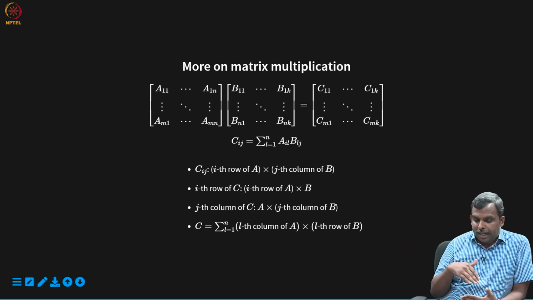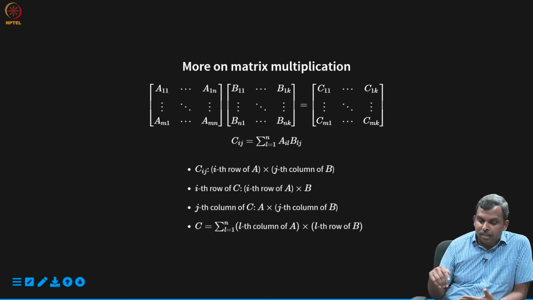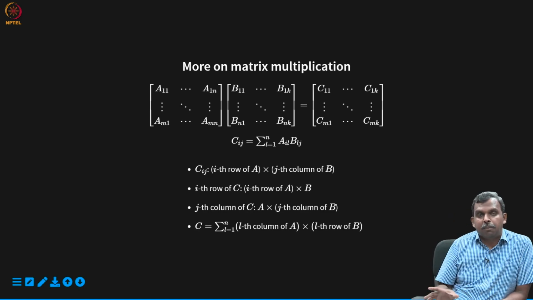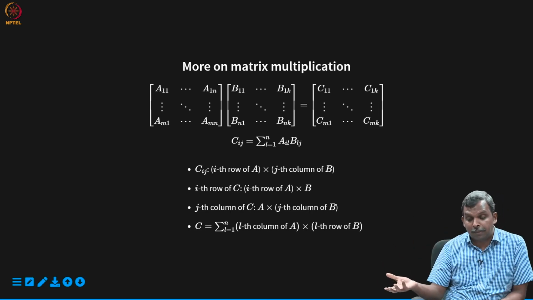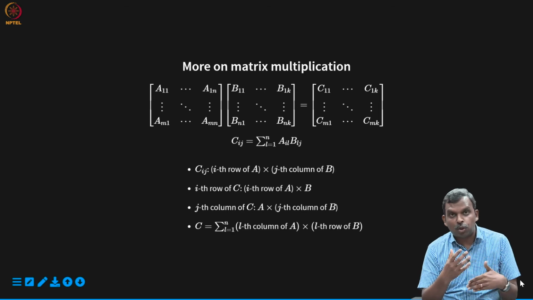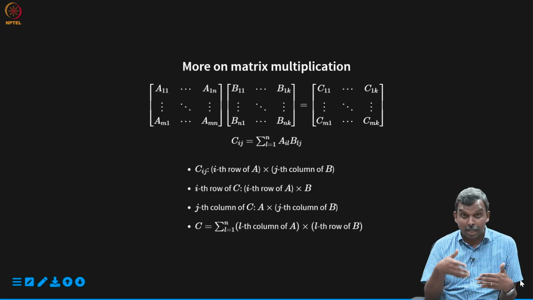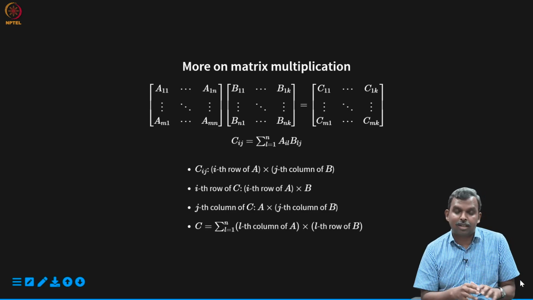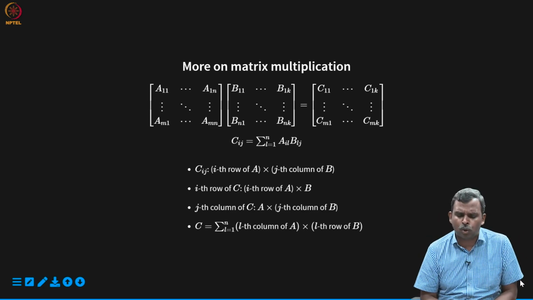If you look at the entire ith row, it turns out the ith row of C is nothing but the ith row of A multiplied by the matrix B. Okay, so if you take the ith row of A and multiply by the matrix B, you will get the ith row of C. So every row of C is actually a linear combination of the rows of B. Okay, something to think about. What are the linear combination coefficients? Those are from the ith row of A.